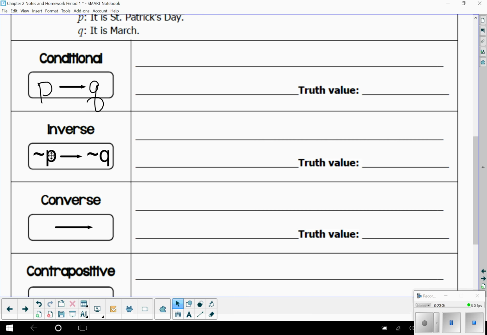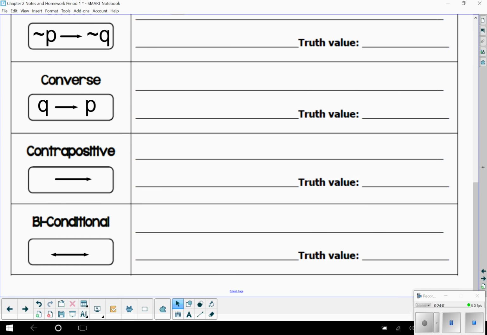And then for your converse, it's going to be Q to P, if you're reversing it. And then your contrapositive is where you reverse it, and then you also put your nots in there.